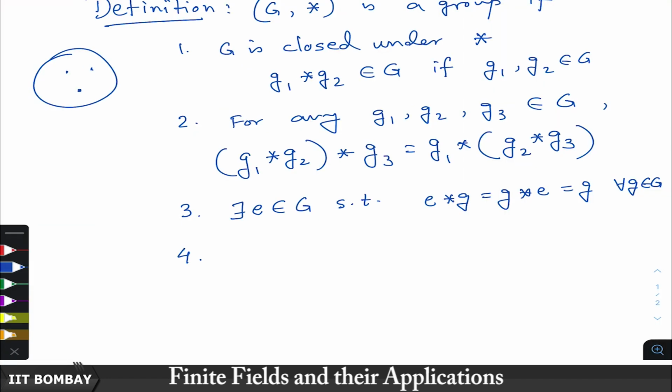Now, the fourth property is that for every element G in G, there exists an inverse element.